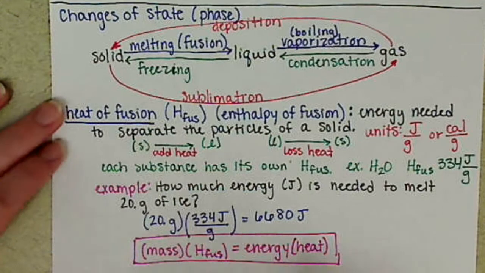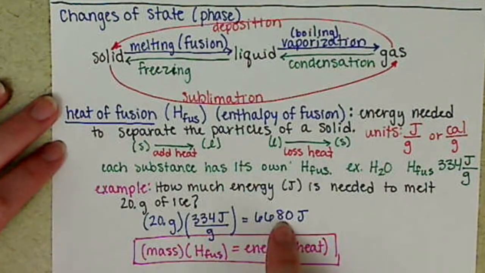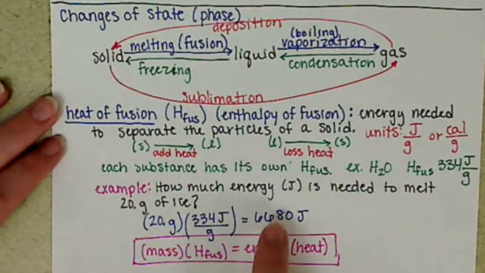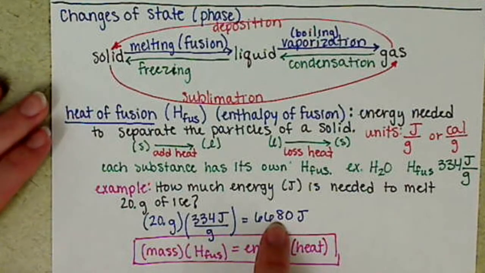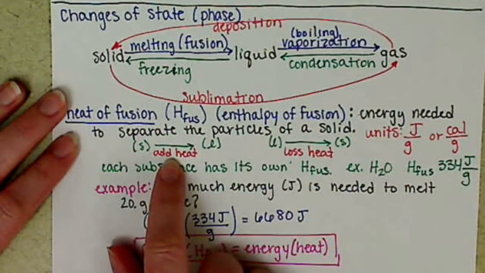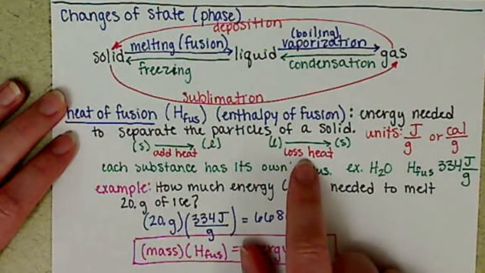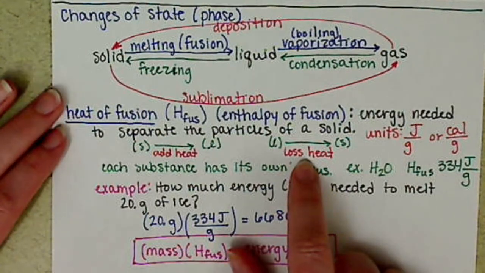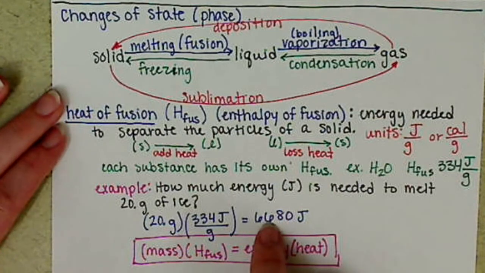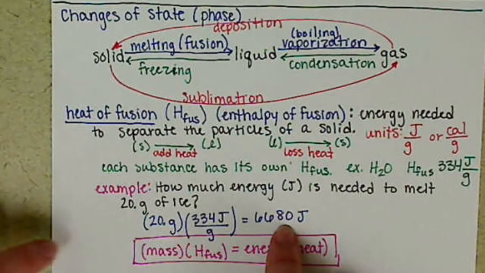If we wanted to then take this now liquid water and freeze it again, the numerical value of that energy stays the same. It's just whether you are putting heat in or taking heat out. So it's going to take 6,680 joules to melt 20 grams of ice.